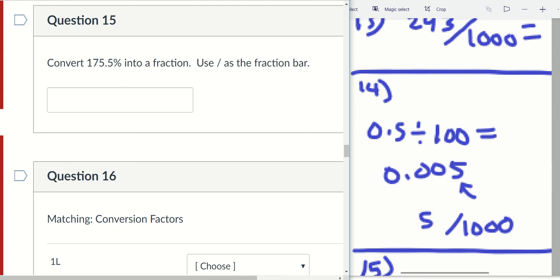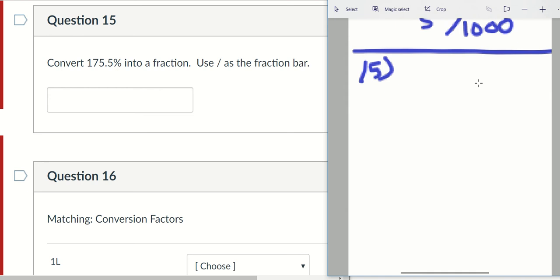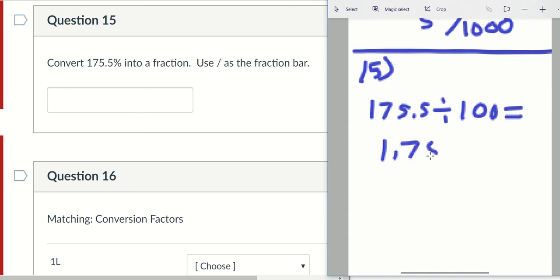So number 15 is similar. We're starting with a percentage. So always remember to divide by 100 first to get to your decimal. So we got 1.755. So we did this in a previous question above. So same thing when we're doing fraction. What is that decimal place right there? Thousands, right?